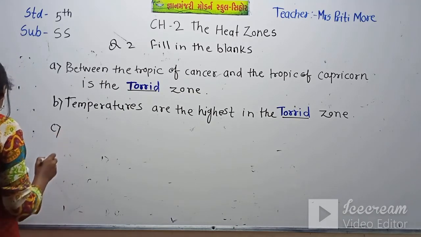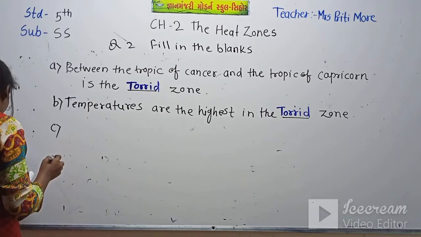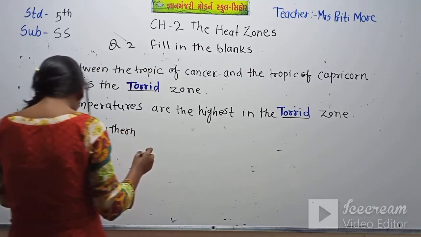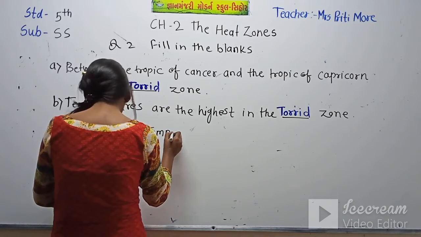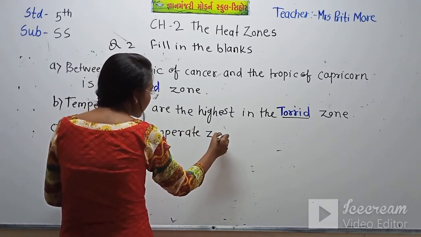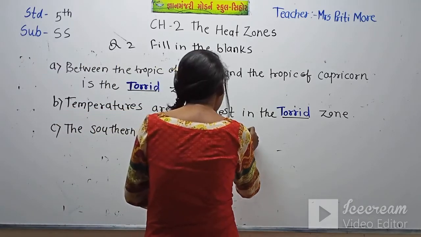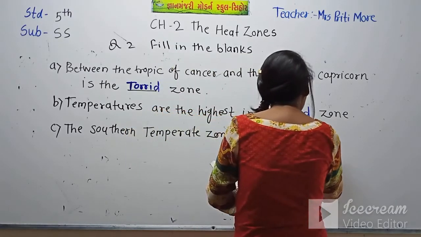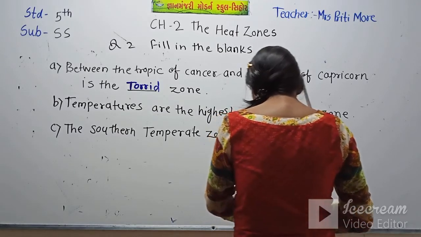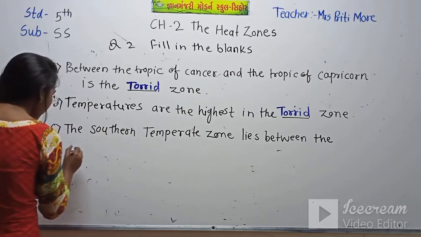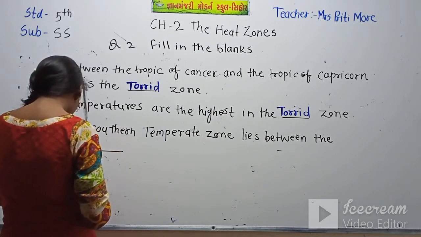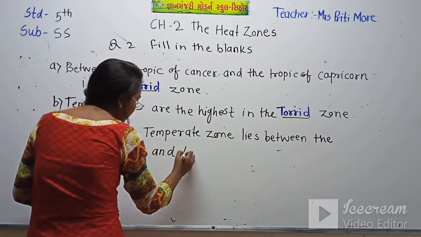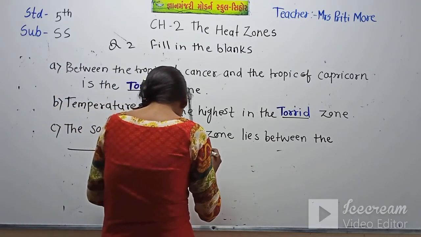Now the C. The southern temperate zone lies between the blank space and the Antarctic circle.